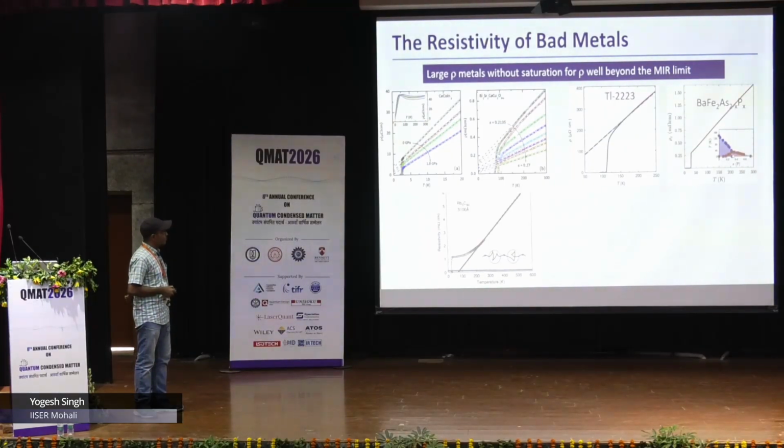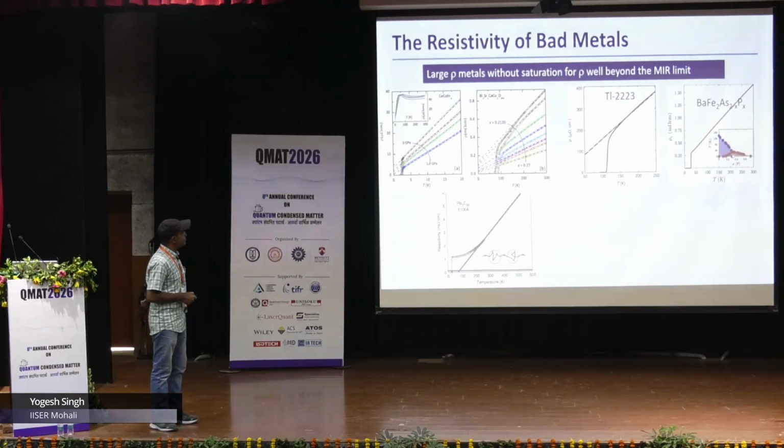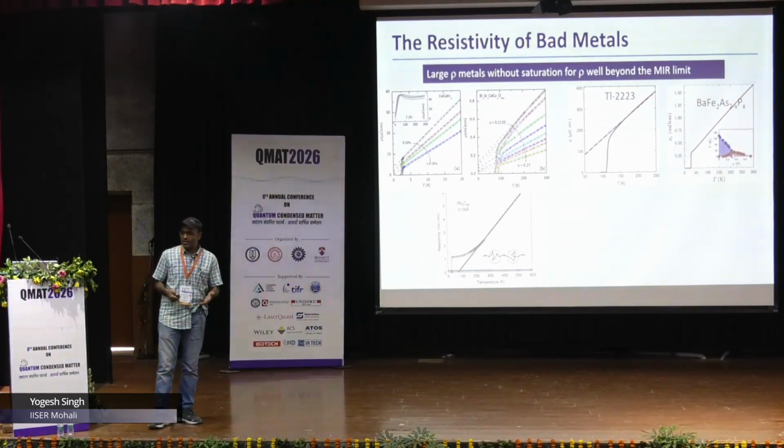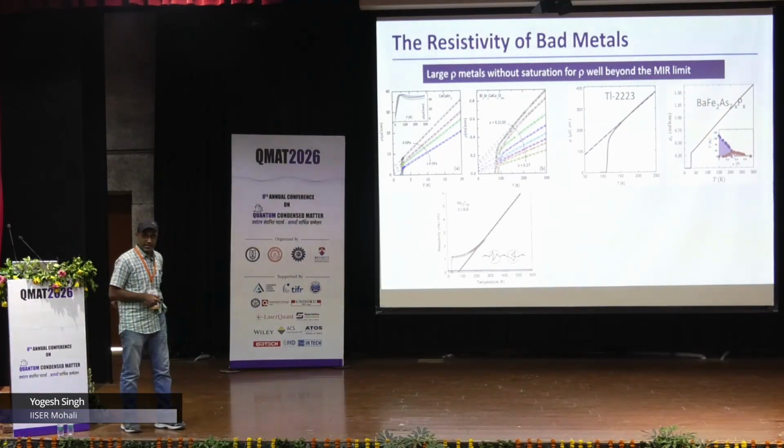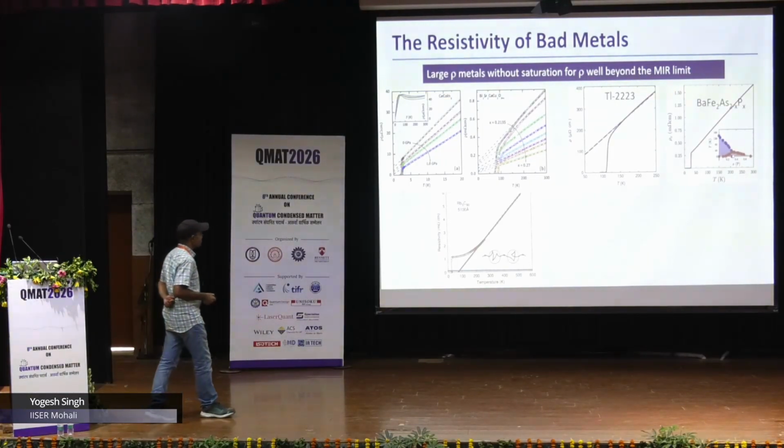The cuprates, of course, we heard a beautiful talk about this yesterday. And even the iron arsenide superconductors close to optimal doping. All of these show linear resistivity at high temperatures with very, very large values of resistance, and therefore it is not clear whether a quasi-particle picture is even valid in these materials at high temperatures.